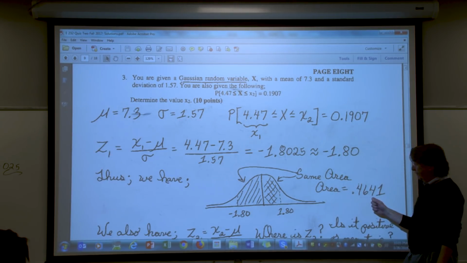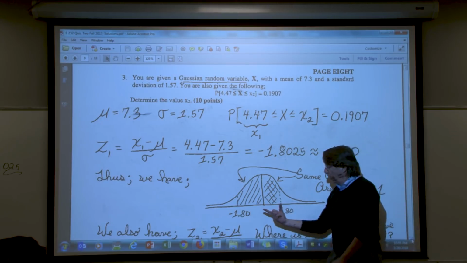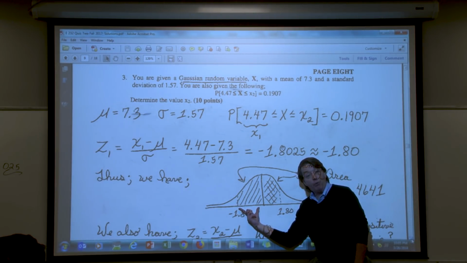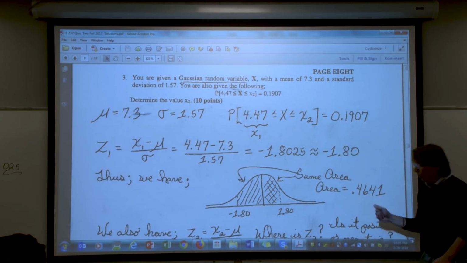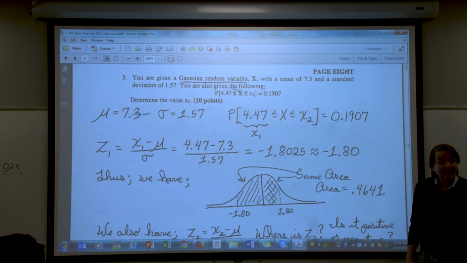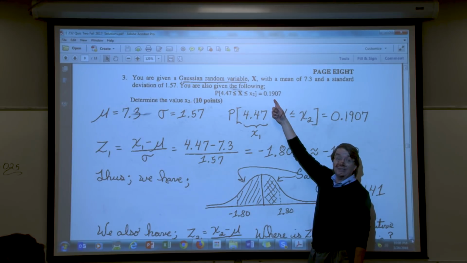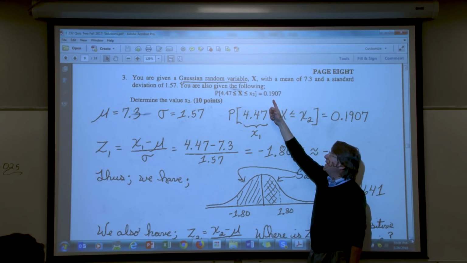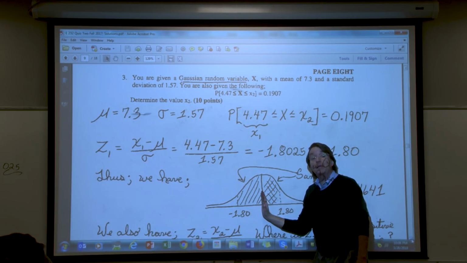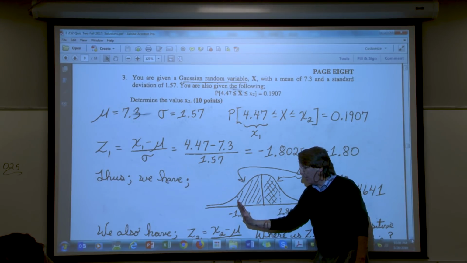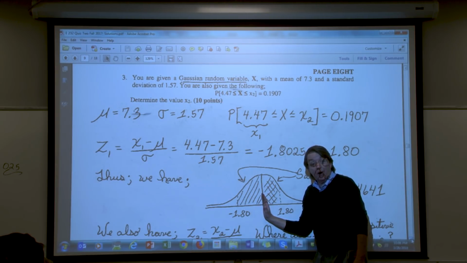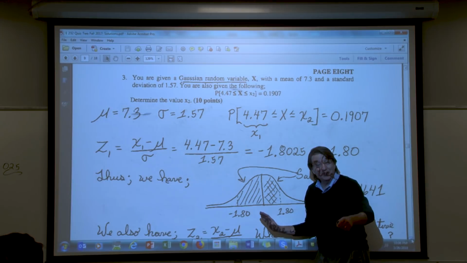And that's 0.4641. So that means I know this area here, from minus 1.8 to 0, is 0.4641. Now, the area between these two numbers is less than that. That means the upper number must be less than 0 because the area from here to 0 is bigger than what I'm given.